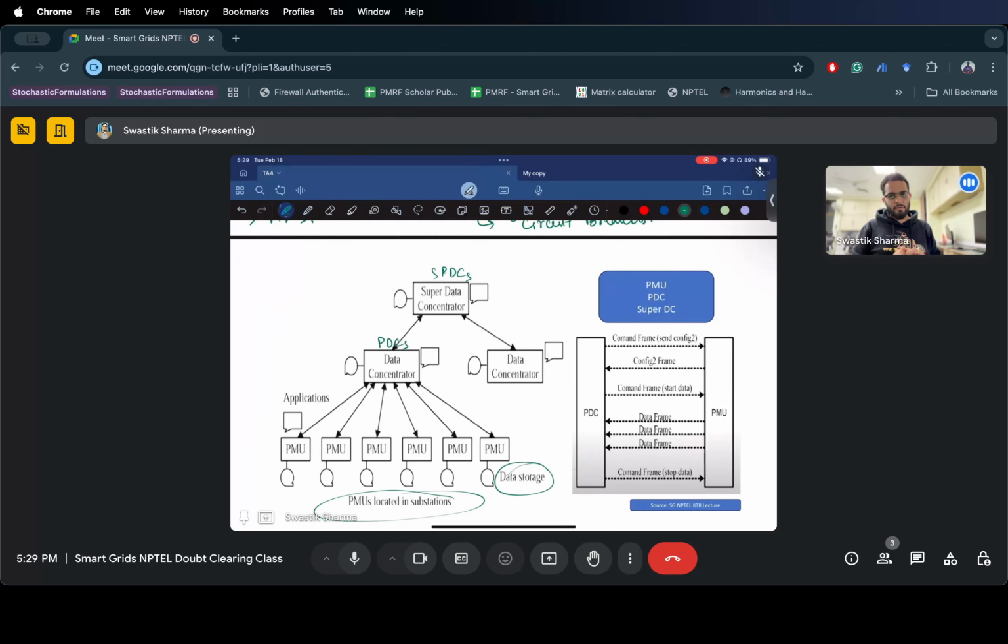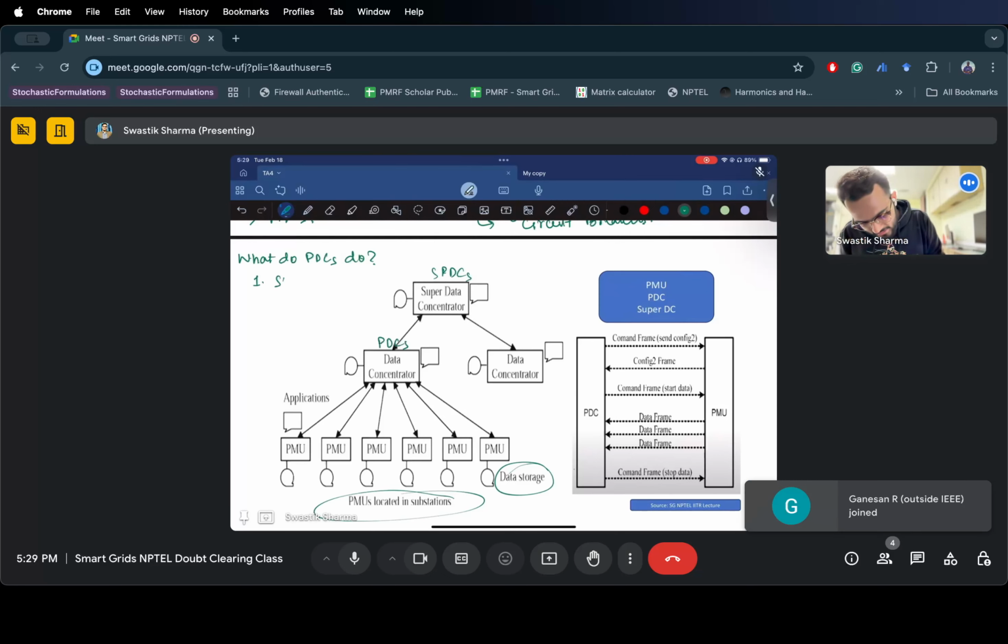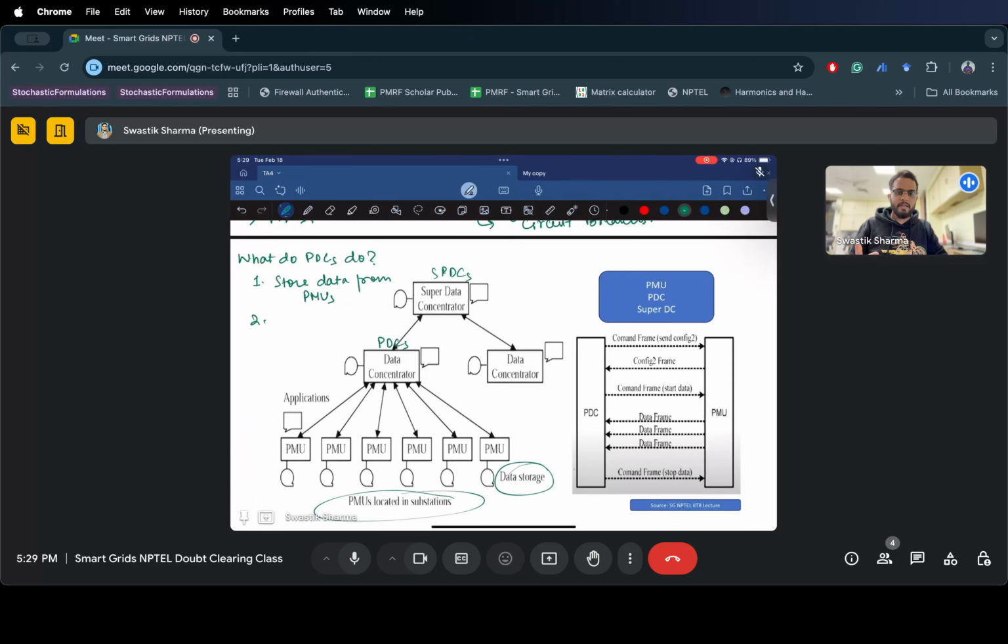What do PDCs do? They store data from all the PMUs, but they are also given the ability to reject bad data.